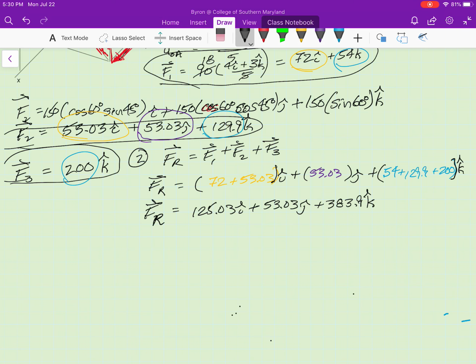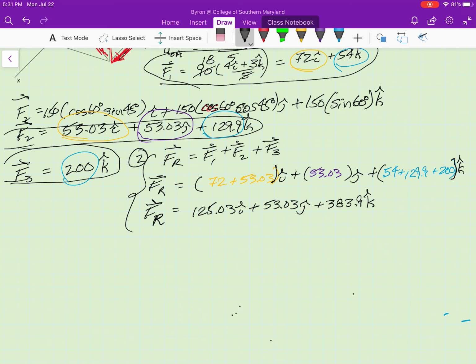That is step 2, and its result is having F sub r, the resultant force, in Cartesian form. So if the problem asks us to find F sub r in Cartesian form, we would stop here, and this would be our answer. But we're asked for the magnitude of F sub r, as well as the coordinate direction angles of F sub r.